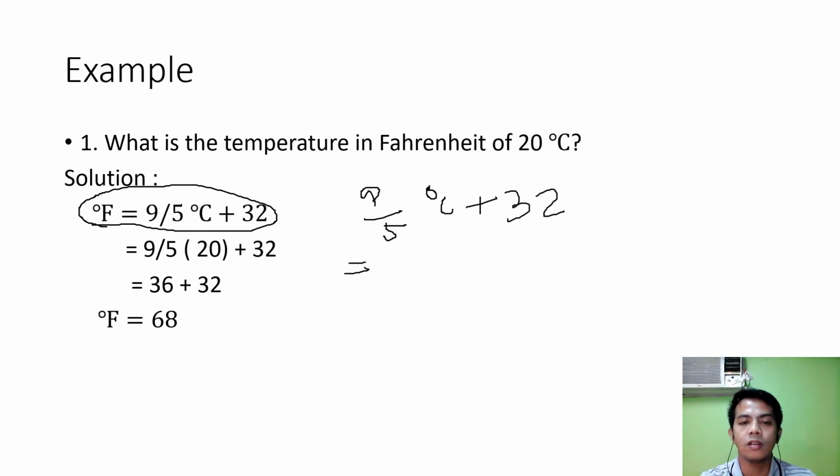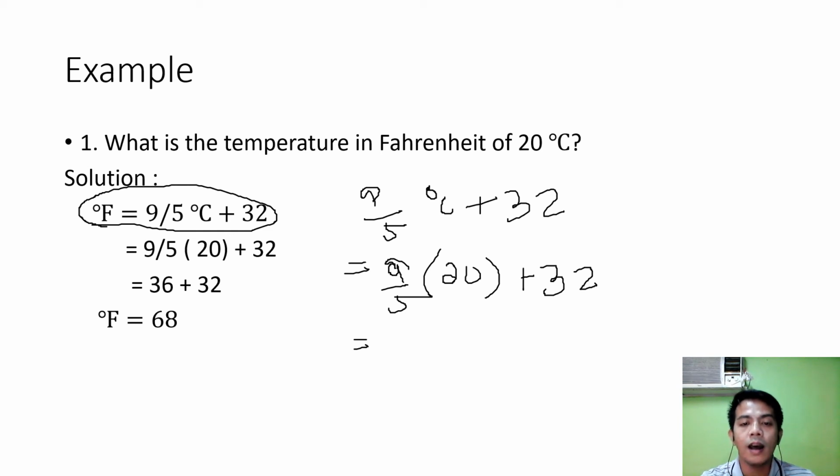So what is the value of the degrees Celsius? That is 20. Multiply by 20 plus 32. You can input this fraction 9 over 5 as is in your calculator, or you can use PEMDAS to solve this one.